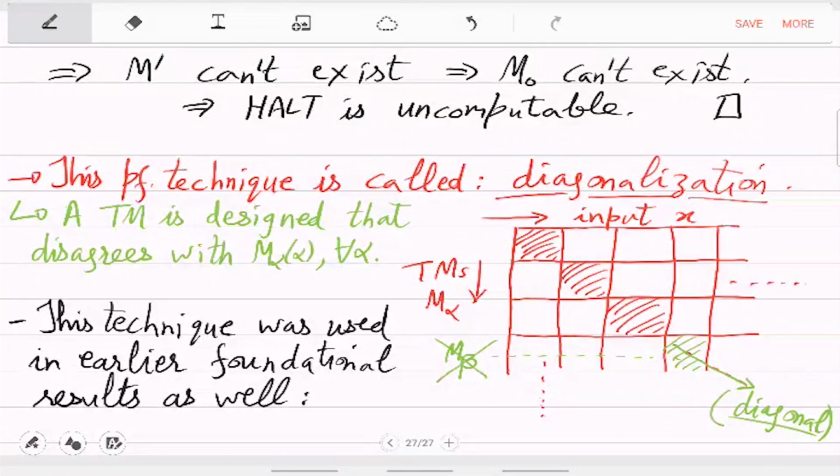So what were those foundational results? First is, and I think this is the very first where this technique was invented, by Cantor.